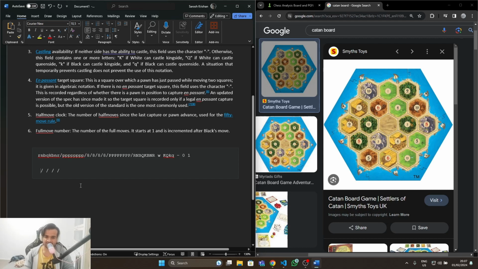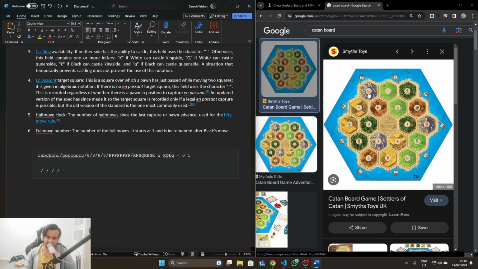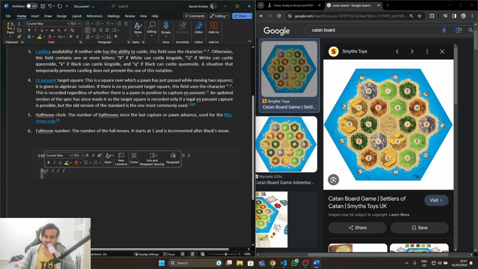So the annoying thing here is that 10 is a 2-digit number. If you write 10, we know zeros don't exist and one doesn't exist, so we can safely say this is 10.